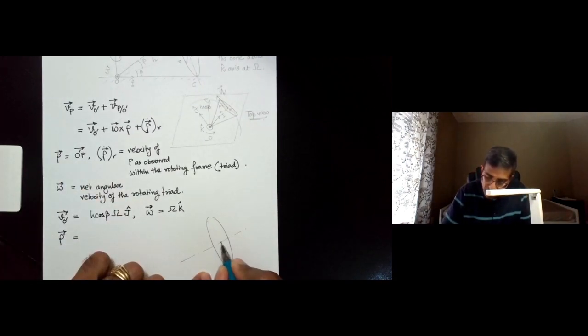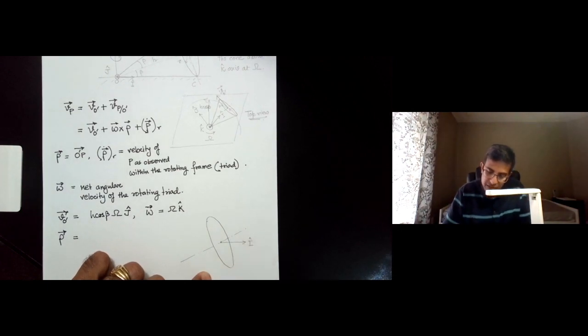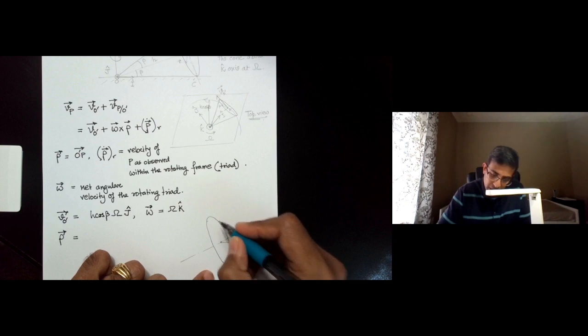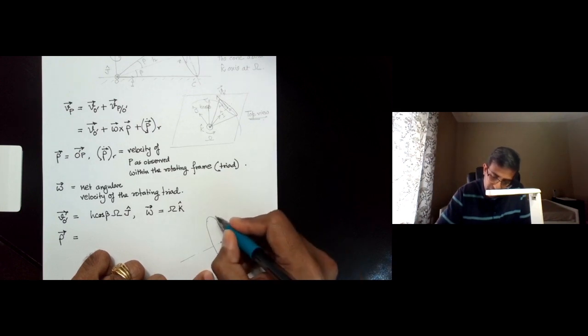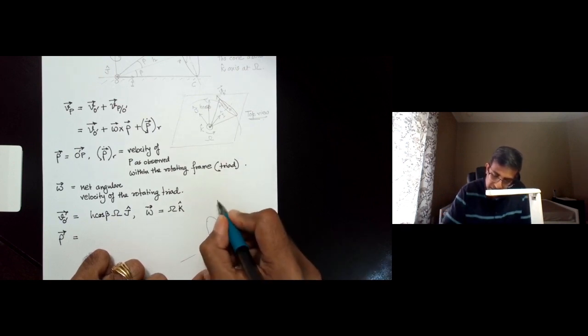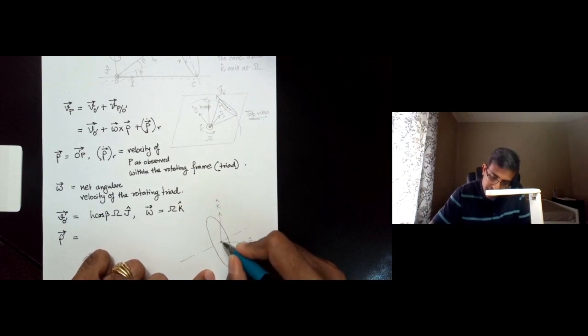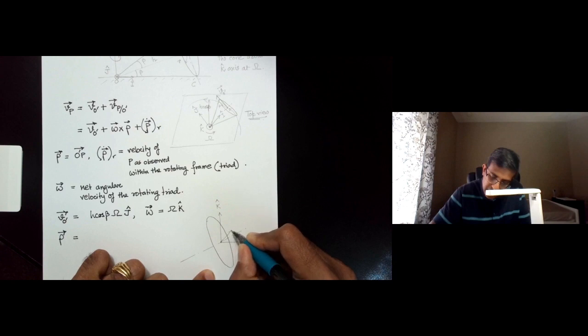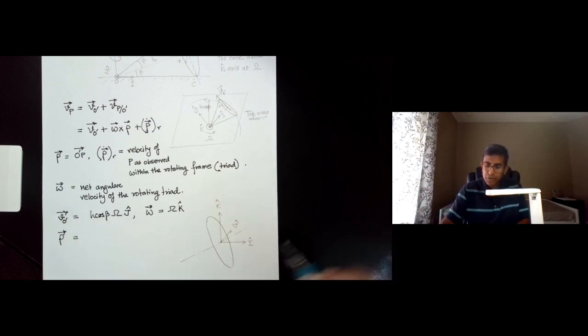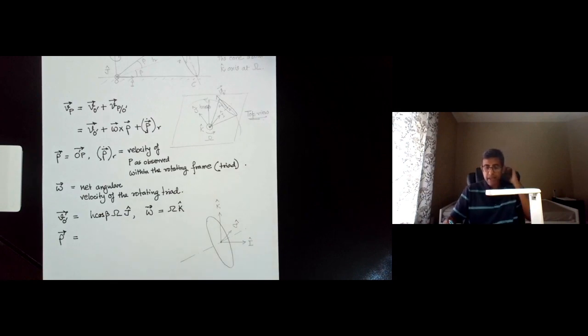So I hat is in the horizontal direction, k hat is in the vertical direction, and j hat is mutually perpendicular to I and k.